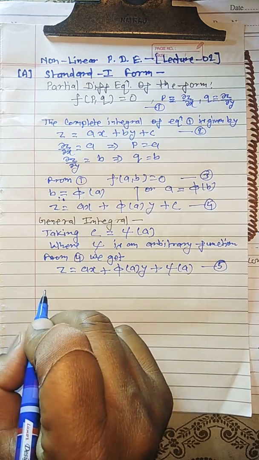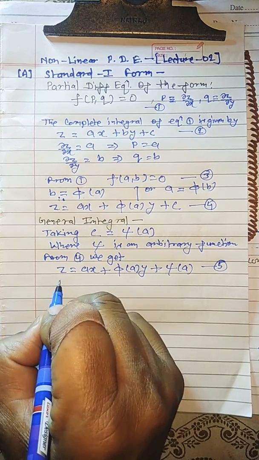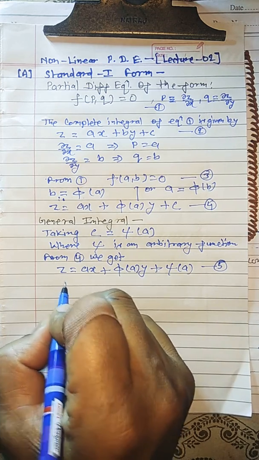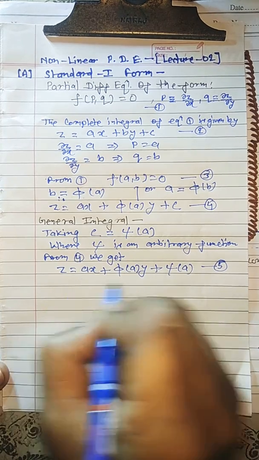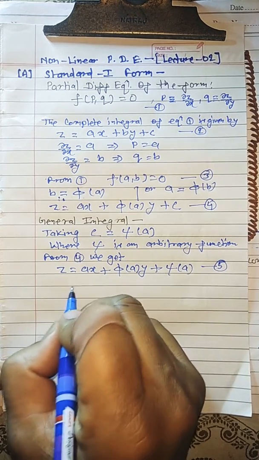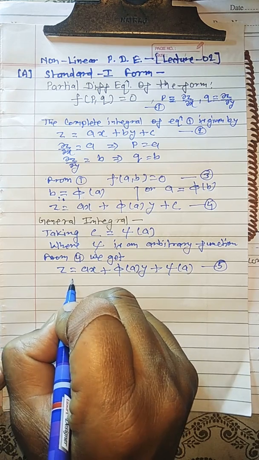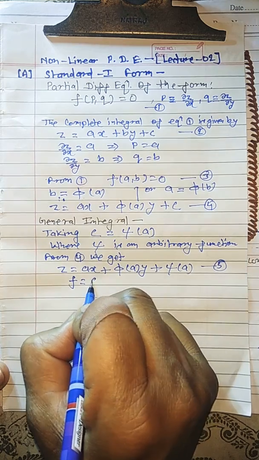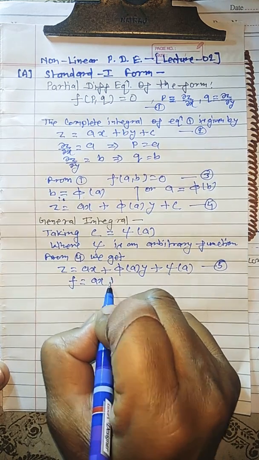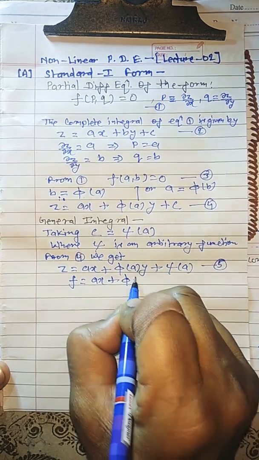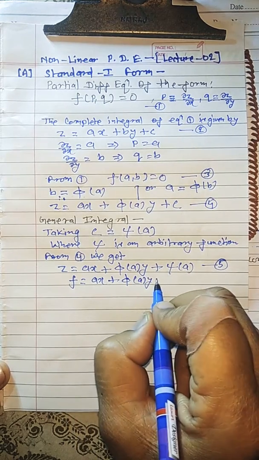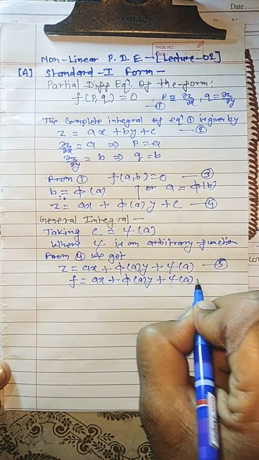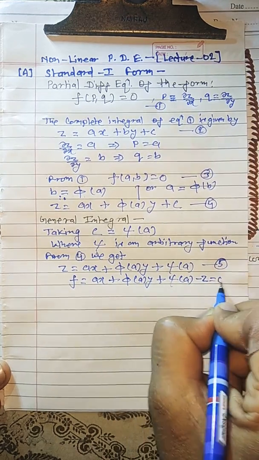Suppose we write it in terms of a function f: f = ax + phi(a)y + psi(a) - z = 0.